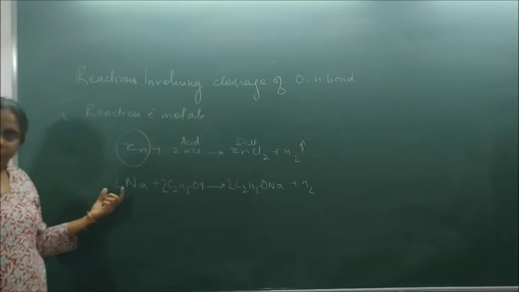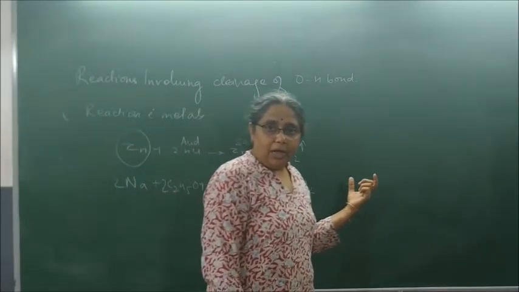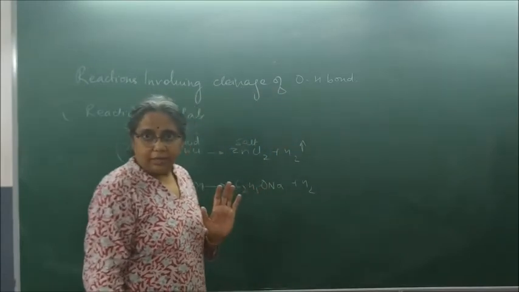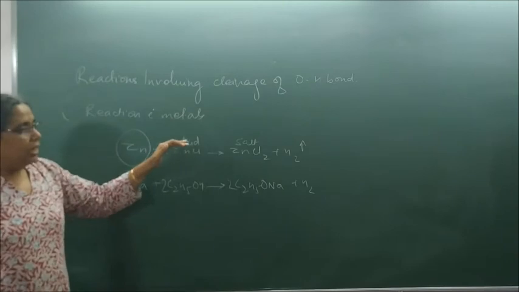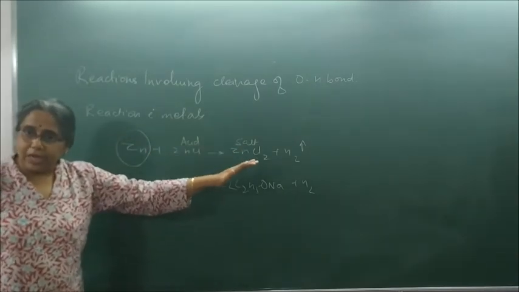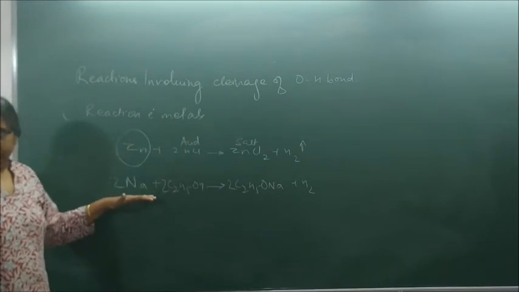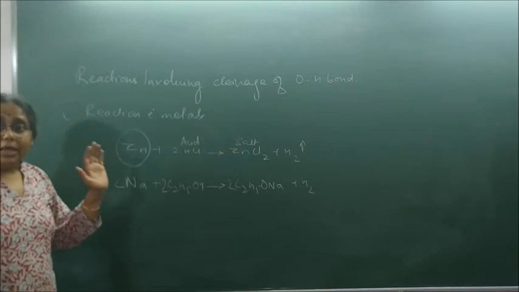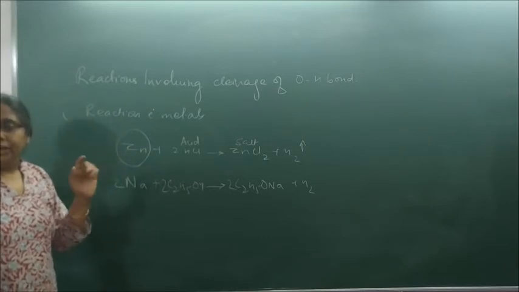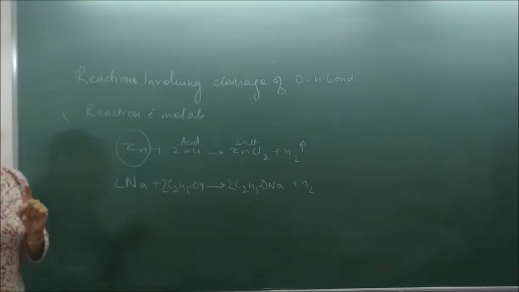They react with metal to form salt and liberate hydrogen gas. So when any metal reacts with acid, it forms salt and liberates hydrogen gas. The same reaction is followed by alcohol. So alcohols are also what in nature? Acidic in nature.